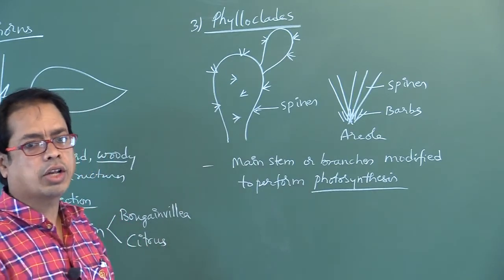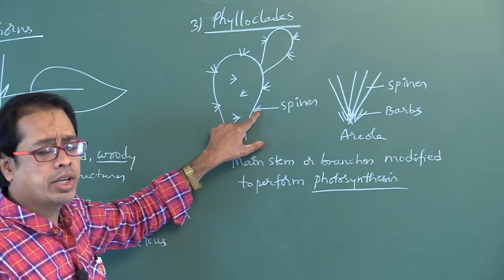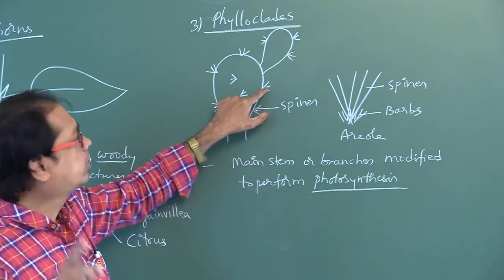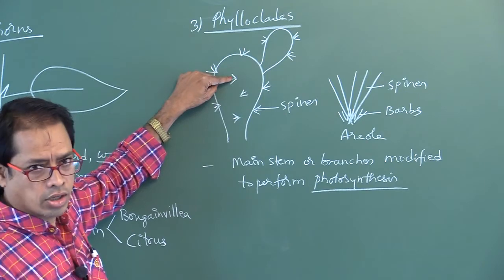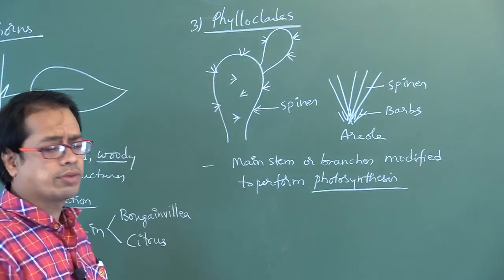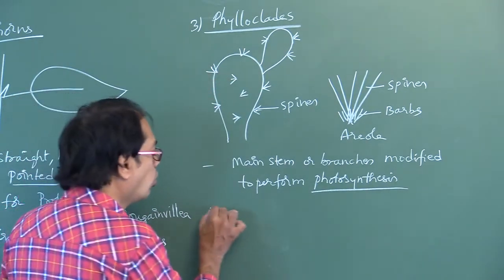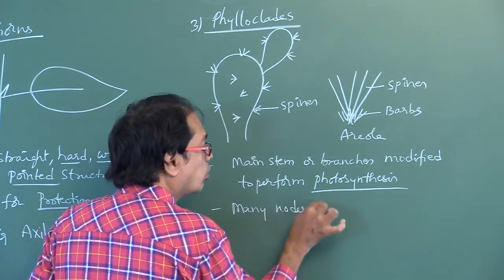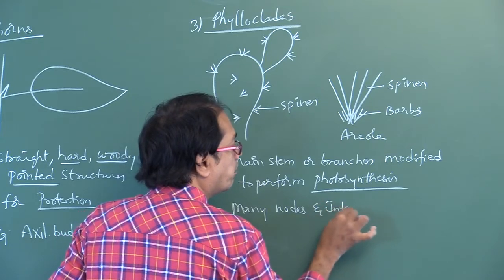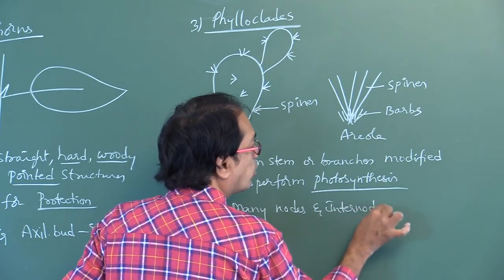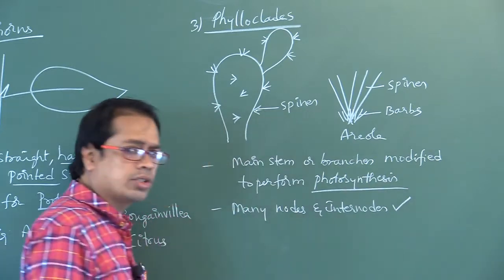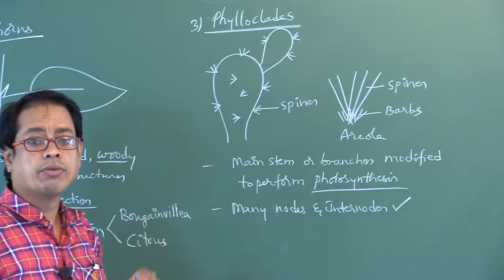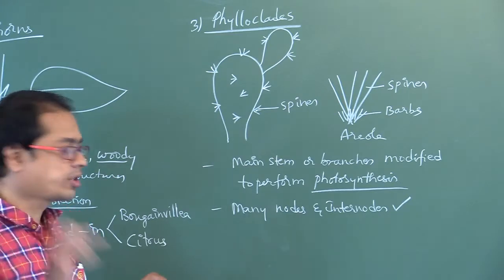How many nodes and internodes? Here the leaves are present, which means one node. Here the leaves mean another node. Here is another node. This is another node. Many nodes and internodes are present. What is the function of a phylloclade? Useful for photosynthesis.